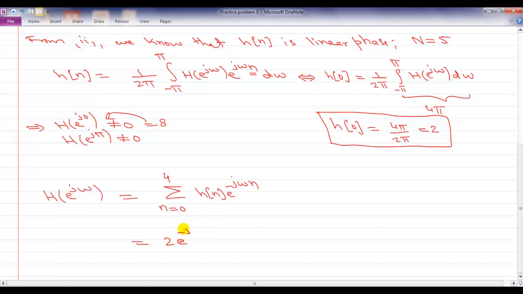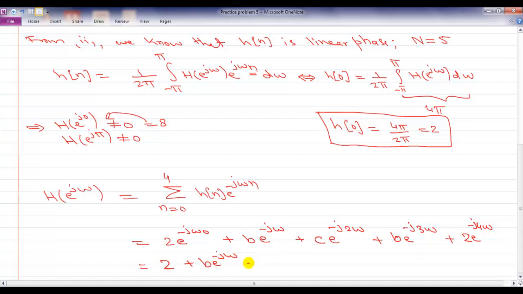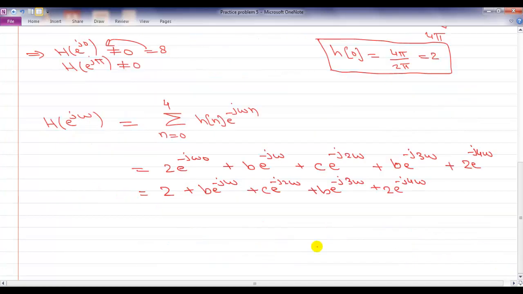That's 2 times e to the minus j omega 0 plus b times e to the minus j omega plus c times e to the minus j 2 omega plus b times e to the minus j 3 omega plus 2 times e to the minus j 4 omega. Okay. So that's equal to 2 plus b e to the minus j omega plus c e to the minus j 2 omega plus b e to the minus j 3 omega plus 2 e to the minus j 4 omega.